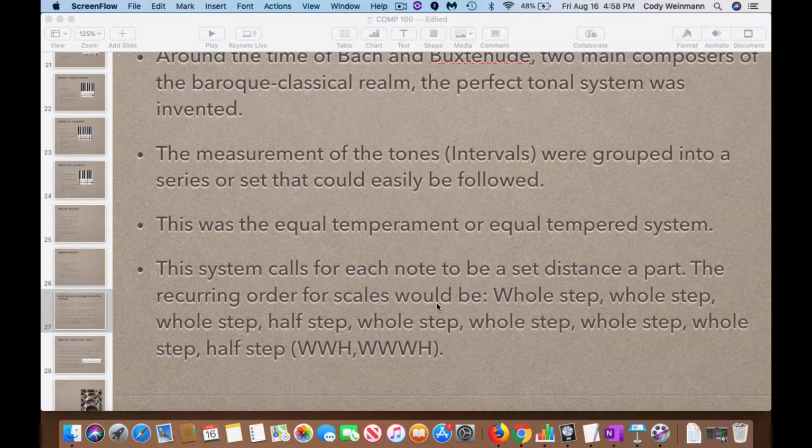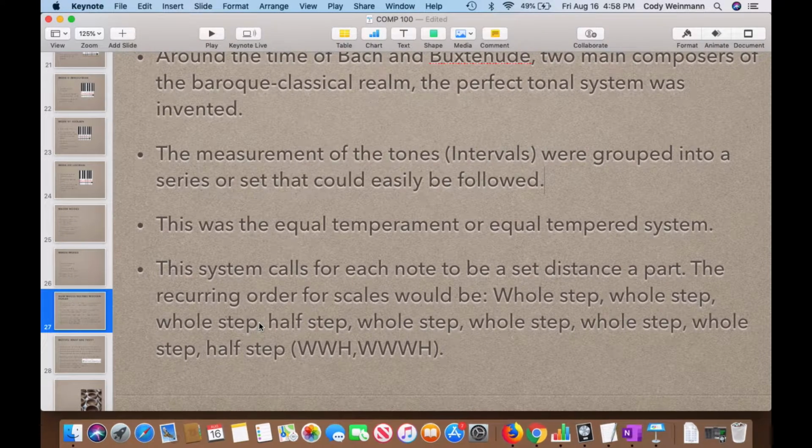The recurring order, rather, of the scales would be whole step, whole step, whole step. Oh, sorry, whole step, whole step, half step, whole step, whole step, whole step, half step.